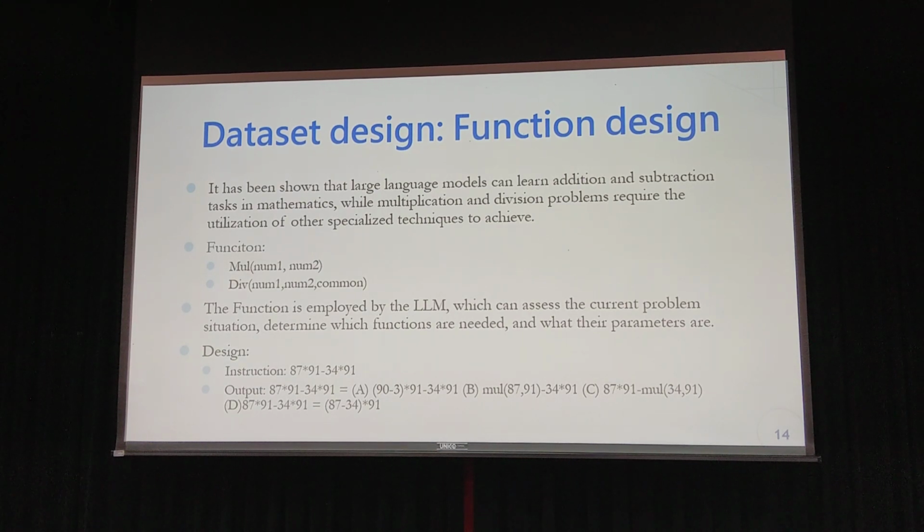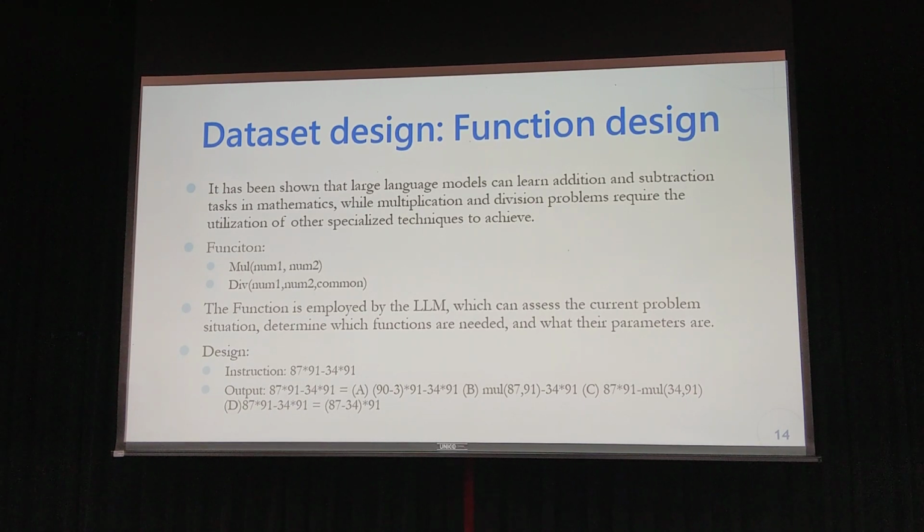Therefore, we treat multiplication and division by using special symbols. Those symbols allow the model to decide when it needs to use the function for calculation, and the calculated answer comes through the CS system.